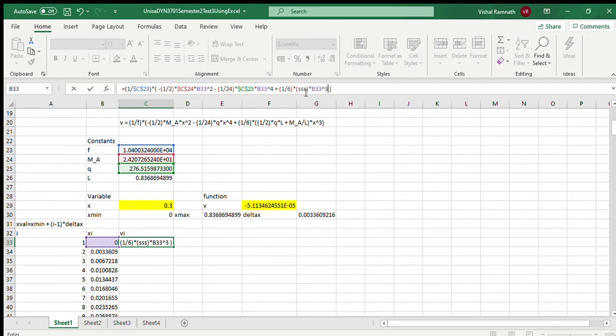Now, in those brackets, I want to put in the information. I want to put a half QL, so it is 1 over 2 times Q, which is C25, times L. L is C26, plus MA over L plus MA, which is C24, over L, which is C26.